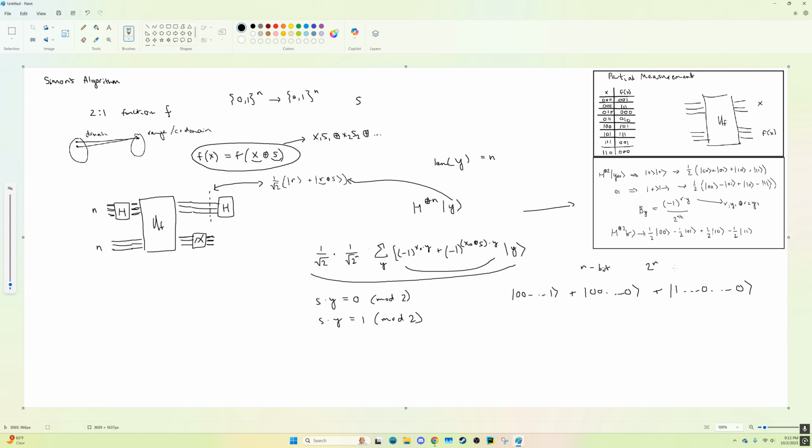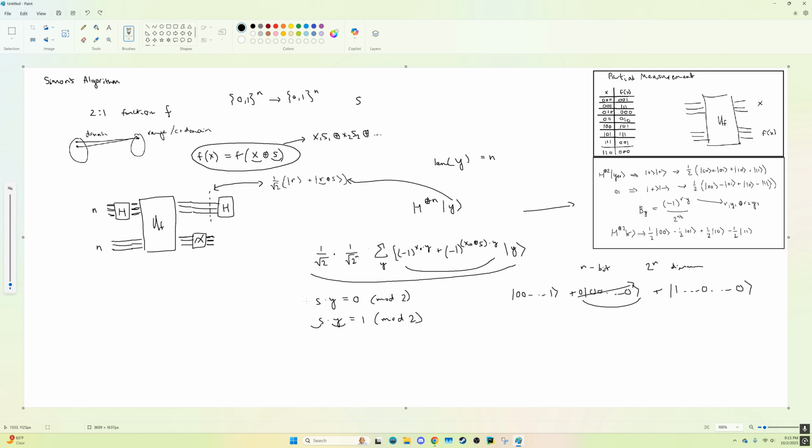It's actually the 2 to the n-dimensional space. In the n-bit string space, if one of these basis vectors dot s is equal to 1, then the coefficient is a 0 and the whole thing goes away. Hadamard applied to this does not leave it in a superposition of something in this state. So it has specifically a 0 probability amplitude of happening. And that's an important result for us.